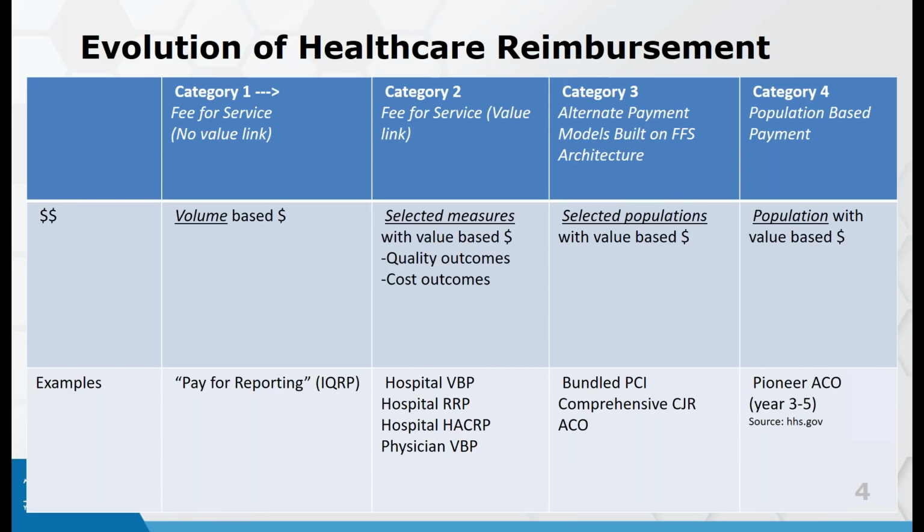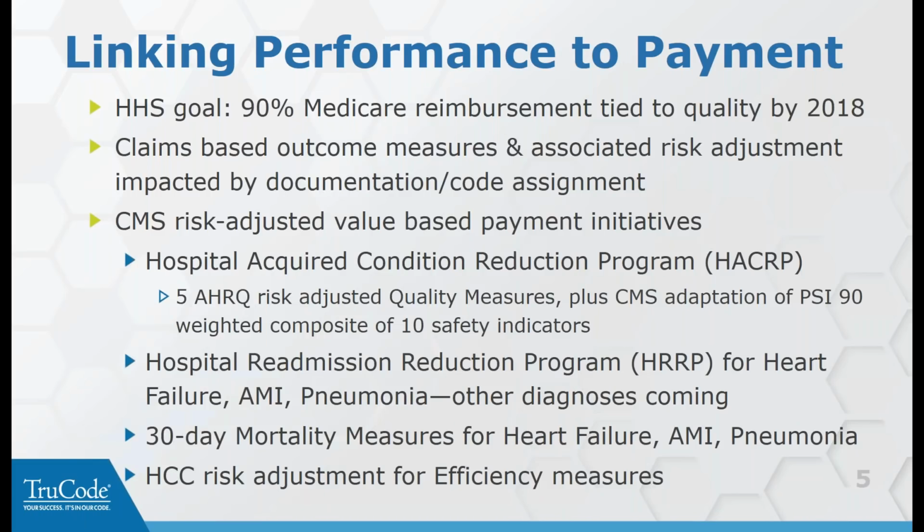Because of that, there's a lot going on in healthcare related to how to measure quality, and that gets into the risk adjustment we're going to talk about today as a part of HCCs. The goal for HHS was to have 90% of Medicare reimbursement tied to quality by 2018. I tried to find out exactly where we were on that goal and wasn't able to find whether we've made it up to 90% or not.